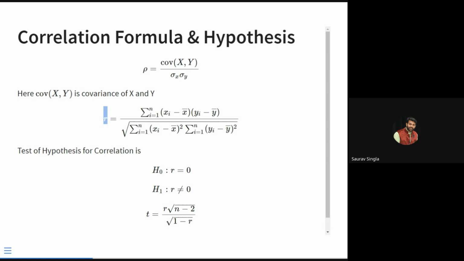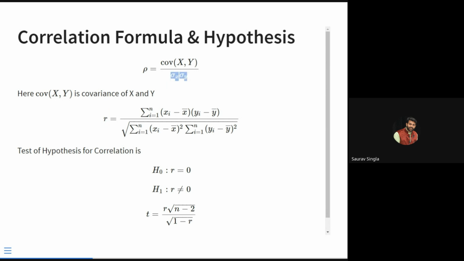Okay, from -1 to +1, where -1 means strong negative correlation and +1 means strong positive correlation. We'll discuss what is positive and what is negative later. Just understand that the range of correlation coefficient r is from -1 to +1. That is the result of standardization.